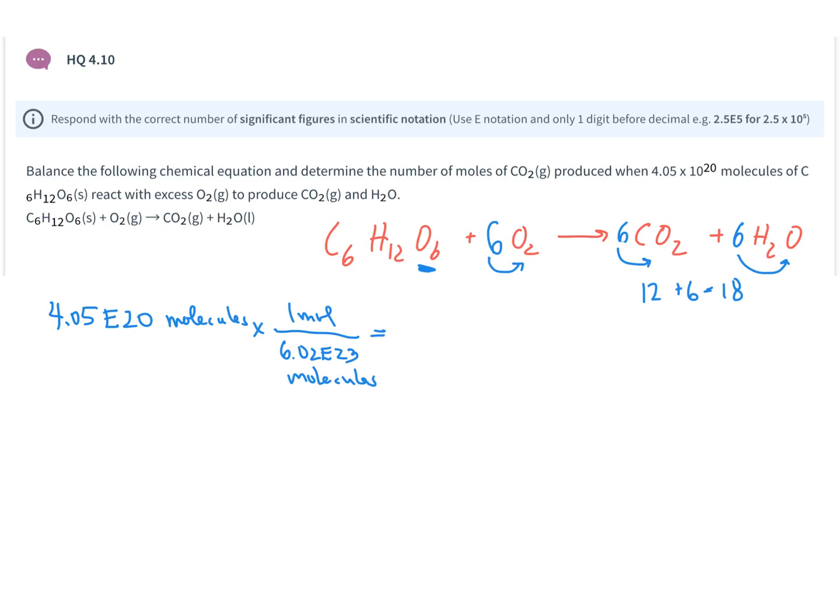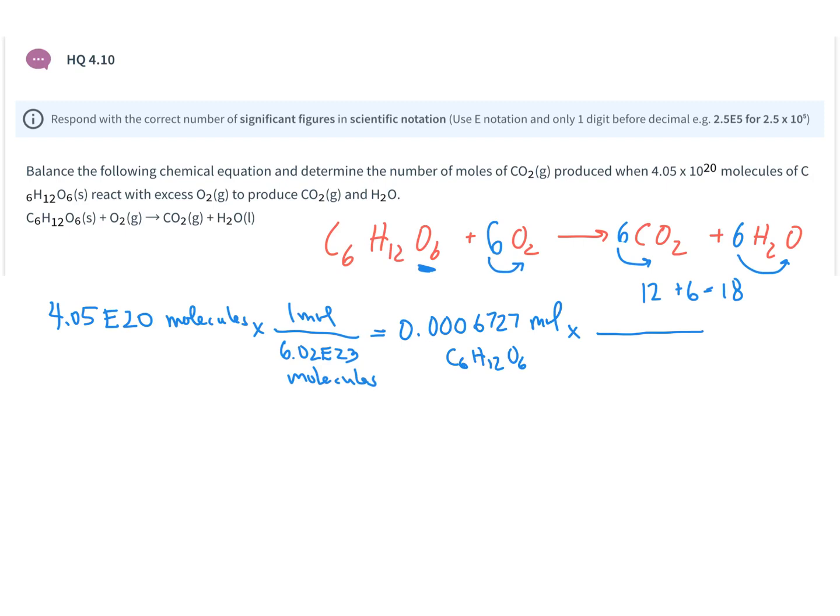I can't compare molecules of glucose to molecules of carbon dioxide because our coefficients are different. What I need to compare, though, are my molar amounts. So now that I have moles, I divide by Avogadro's number to determine that I have approximately 0.0006727 moles of glucose.